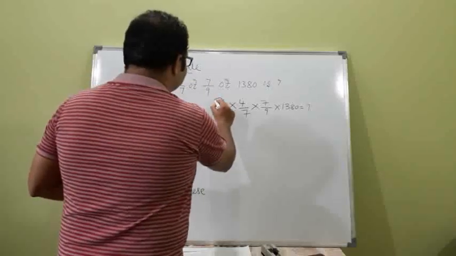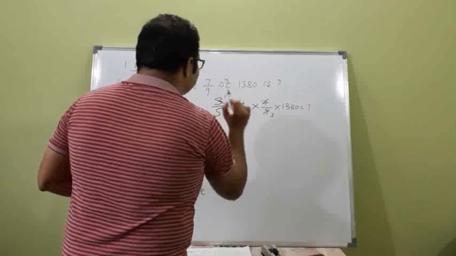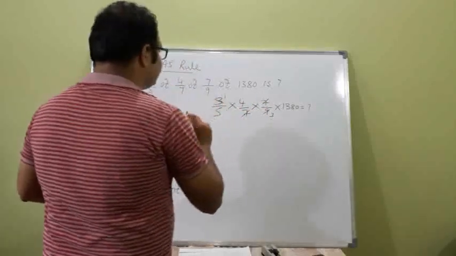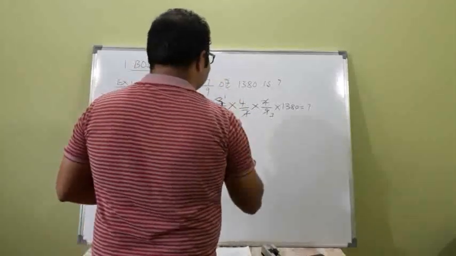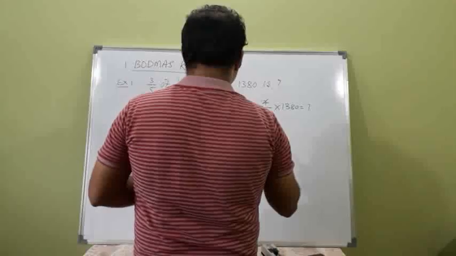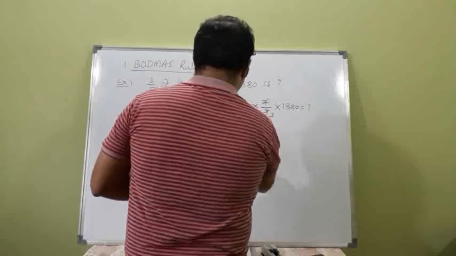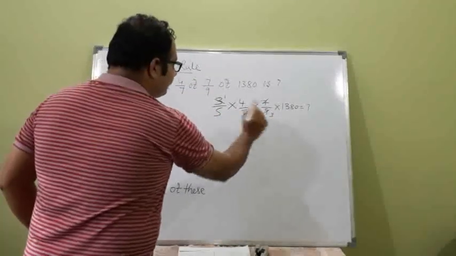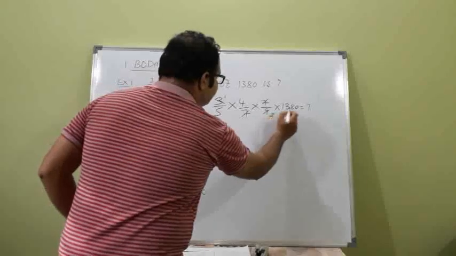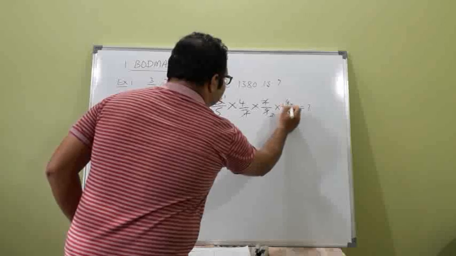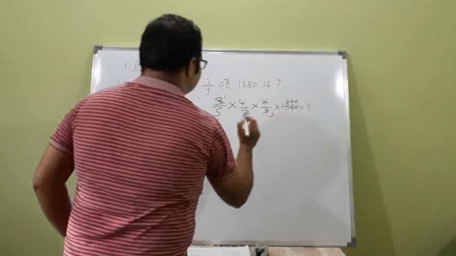Let's solve this problem. 3 ones are 3, 3 sevens are 21, 7 gets cancelled. Numerator 4, and in the denominator we are left with the 5. Again 3 is left, here 5 is there. So in the denominator we are left with 5 and 3, isn't it? Let's cancel here with the help of 3. 3 ones are 3, 3 fours are 12, 1 carry, 3 sixes are 18, again for the 0.